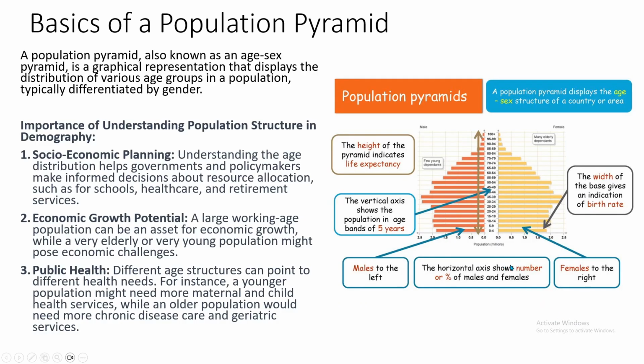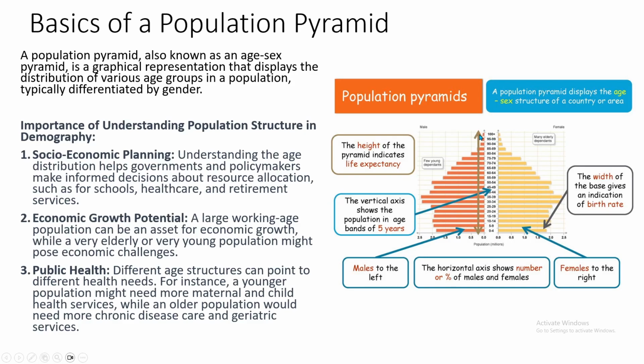So the basics of a population pyramid that you need to know. Looking on the right hand side here at the diagram of a population pyramid, we can see that the height of the pyramid indicates life expectancy. So we can see between the ages of 0 and 100 here.